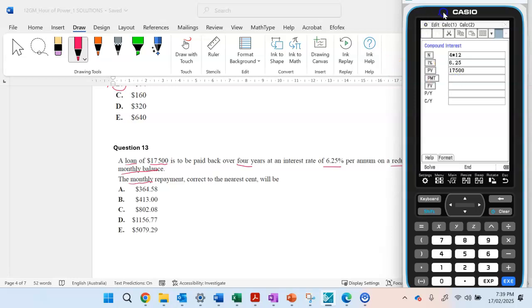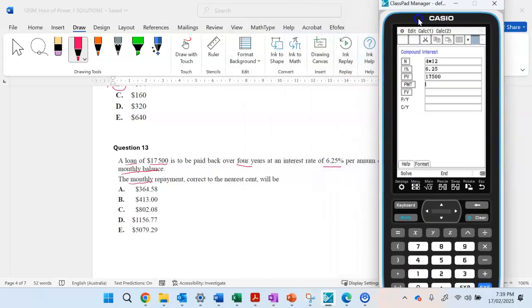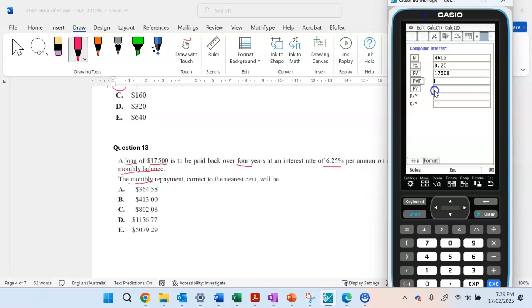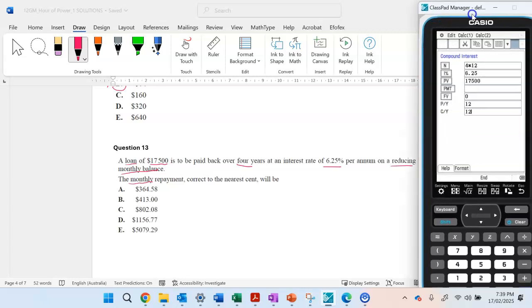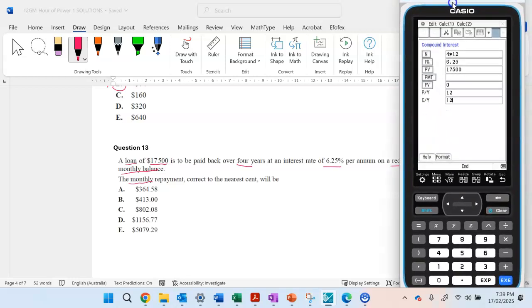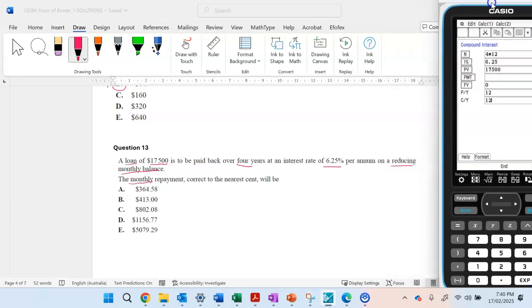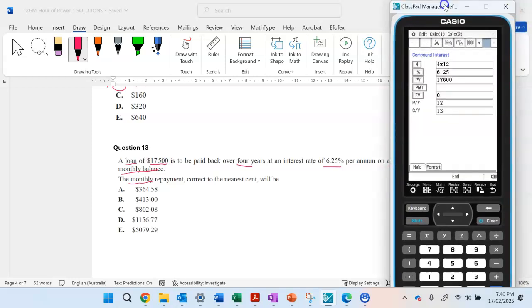Making payments, there is a payment made. We just need to, oh, wasn't there a payment? Oh, that's what we have to work out. And it's fully paid, so it's 0 and 12 and 12. Doesn't say that it's compounding, but the fact that it says reducing monthly balance, it's implied. So payment is nearly $413.